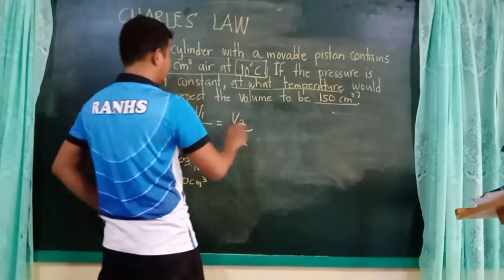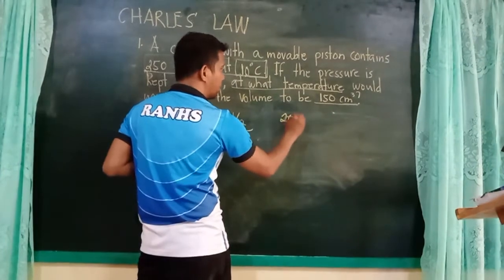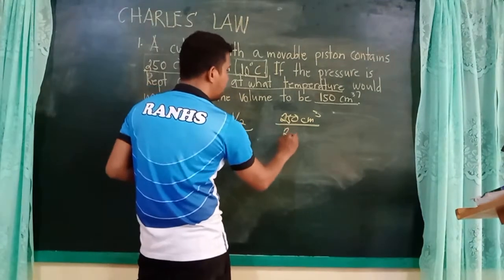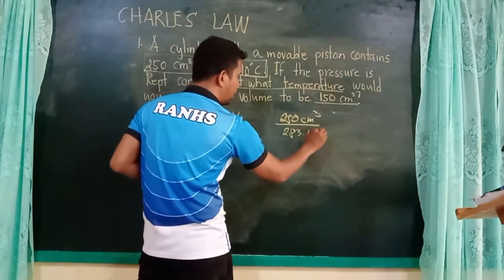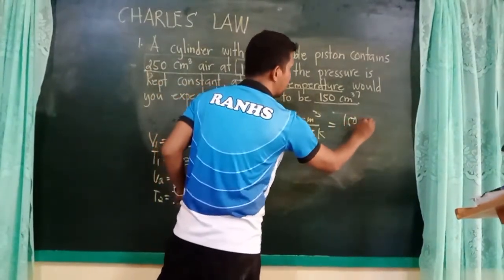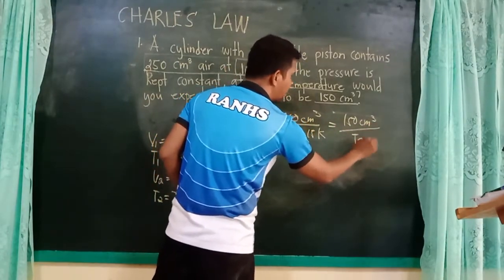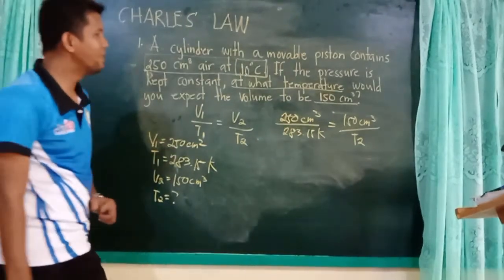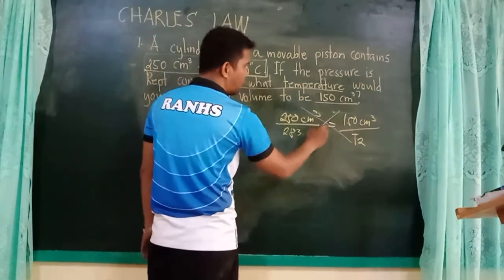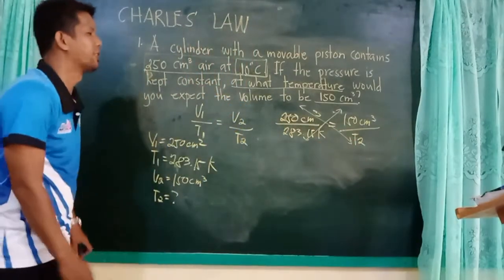Using the formula, what is the value of our V1? We have 250 centimeter cube divided by 283.15 K equal to 150 centimeter cube over our T2. Mathematically, we are going to cross-multiply.